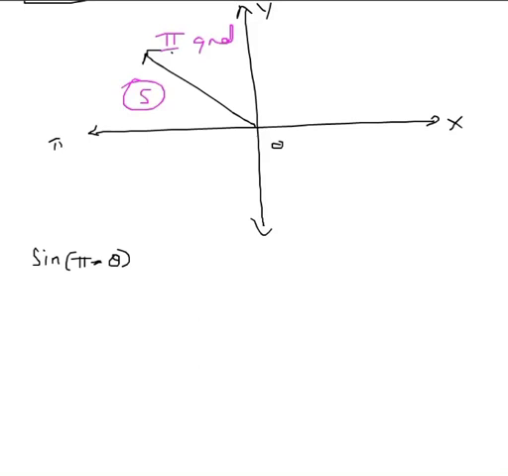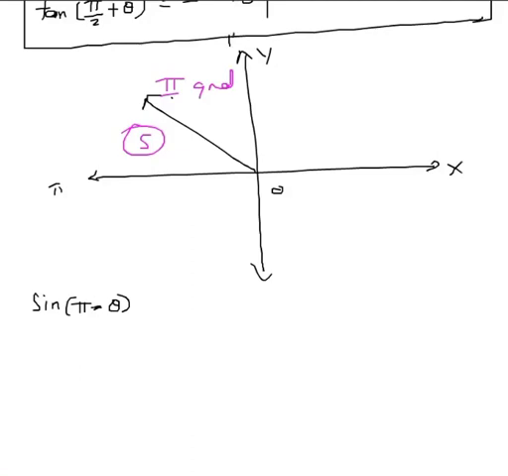Pi by 2 plus theta is also a second quadrant angle. Pi minus theta is also a second quadrant angle. But for pi, we don't change the ratio. If it is pi here, we don't change the ratio. Sine will be sine, cos will be cos, tan will be tan, etc.